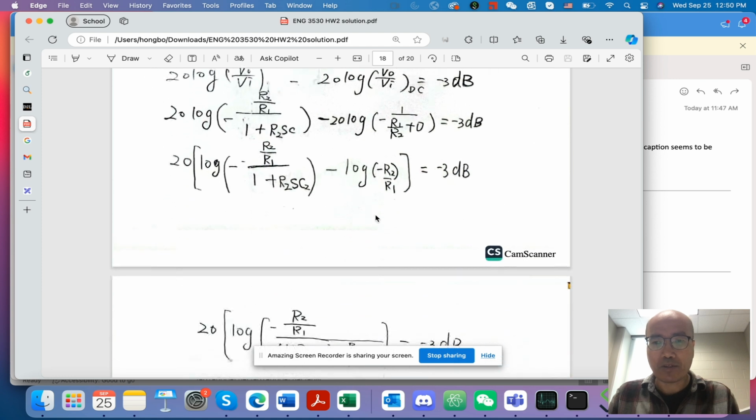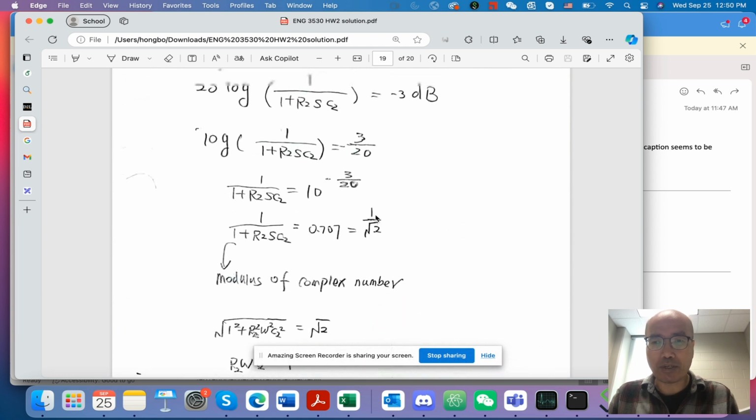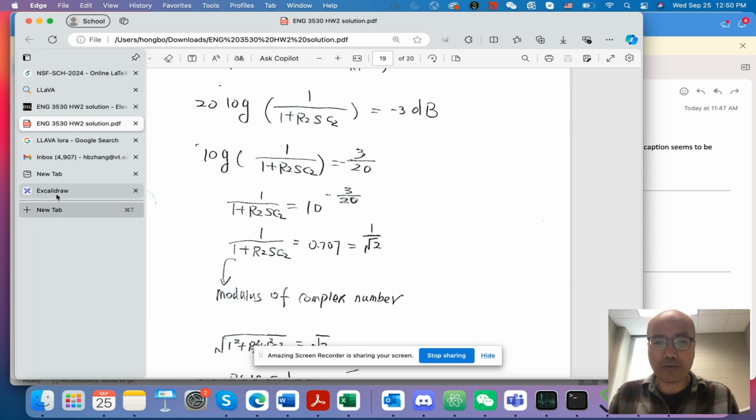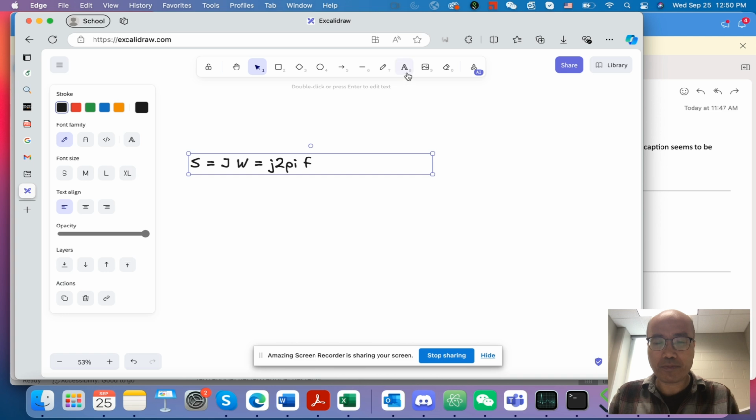So the 3 dB voltage gain simply equals this, so you can write it as V 3 dB divided by VDC is 1 divided by 1 plus R2SC.